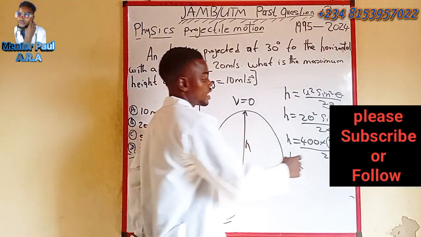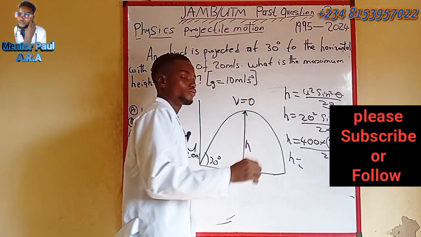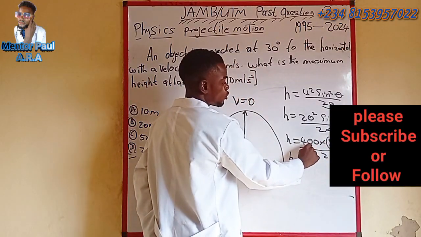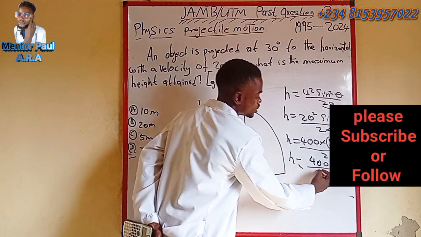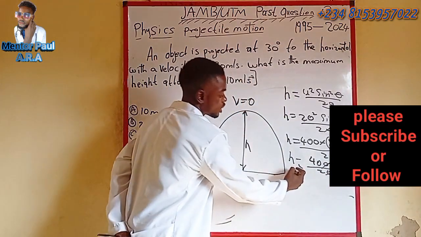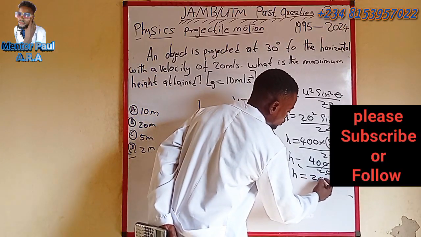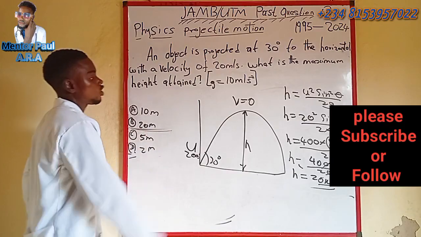So half squared is 0.5 times 0.5, which gives 0.25, and this multiplied by 400 is going to give us 100 over 20... h is equal to 20 meters, and that is the expression we have over here in option B.